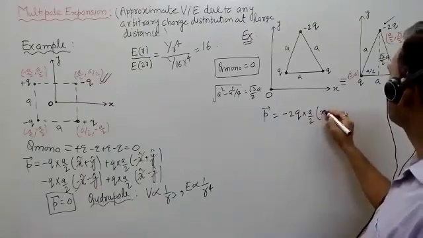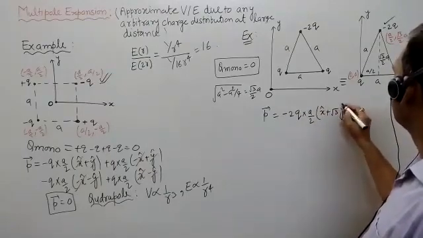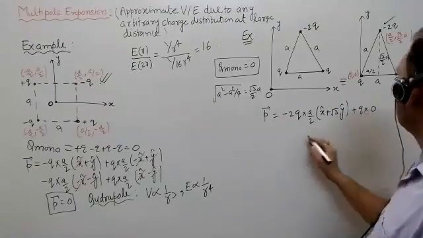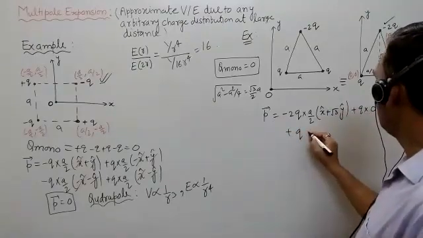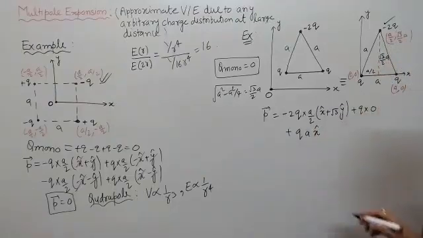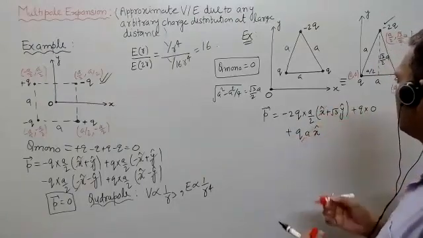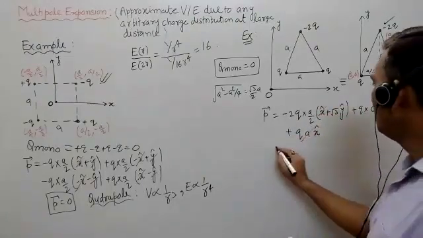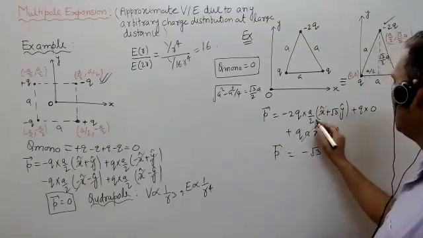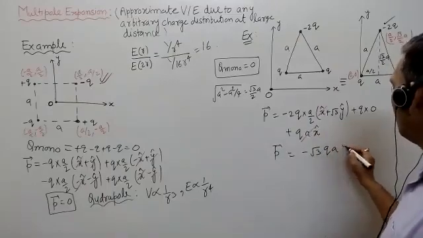So that is x cap plus root 3 y cap, plus q into 0, and then q a x cap. So you can see the plus q a x cap term will cancel out, and the dipole moment will give you minus root 3 q a y cap. The 2 will also cancel out.